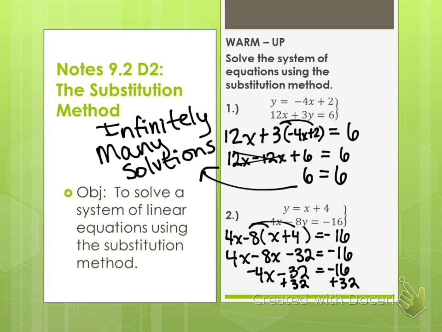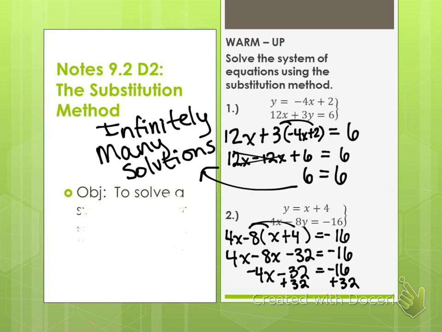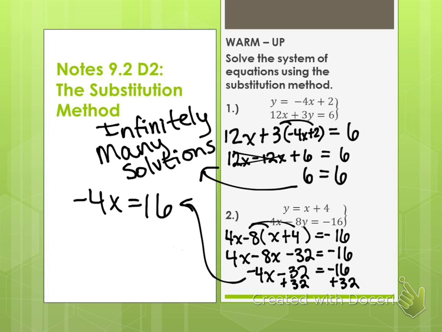I'm going to continue it off to the side here. So that leaves me with negative 4x is equal to positive 16. Finally, Jamal Dixon, what do I do? Divide by negative 4.